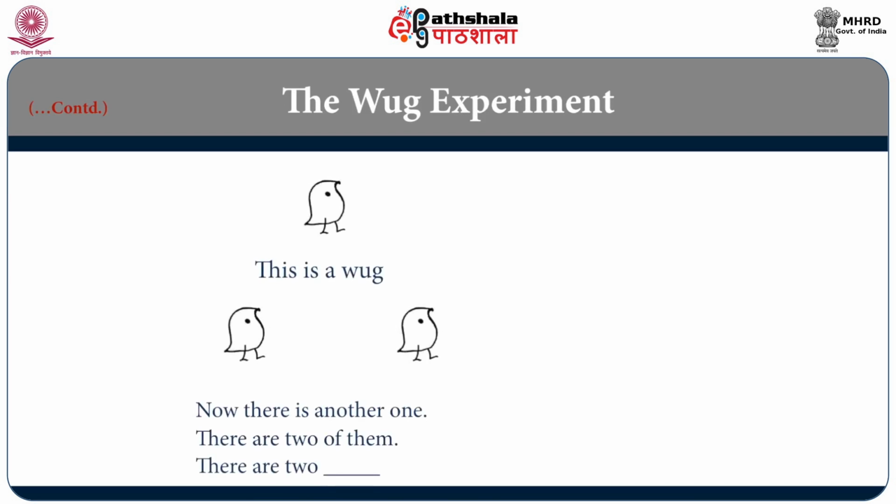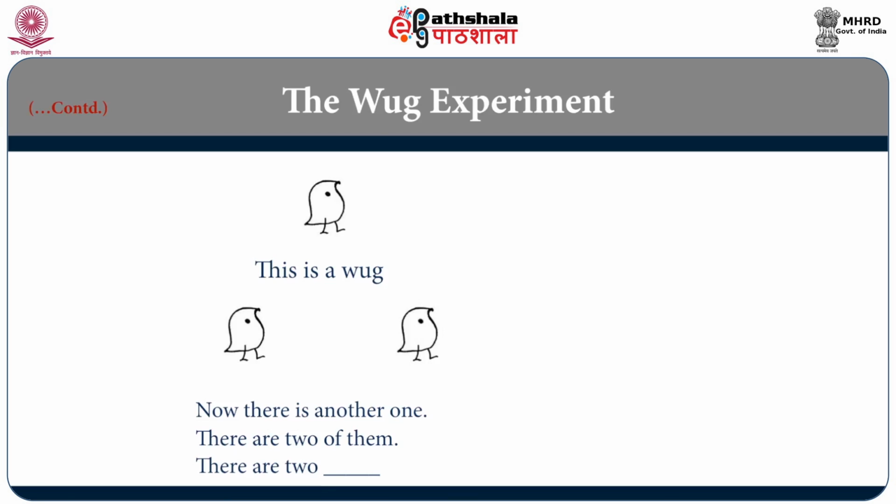In the picture in front of you, there is a protocol of a bird-like creature, and under it there is a statement, "This is a wug." Next, there are two of the same, and words beneath that say, "Now there is another one. There are two of them. There are two blank." Children were asked to fill in the blank.